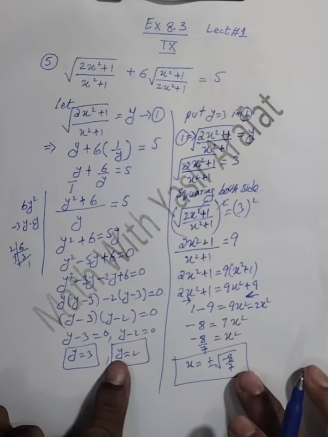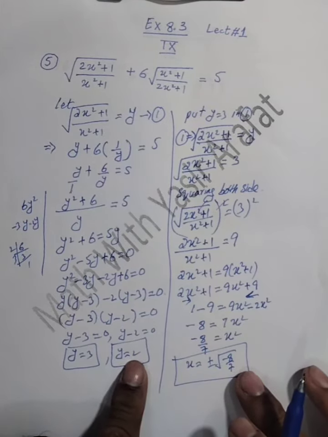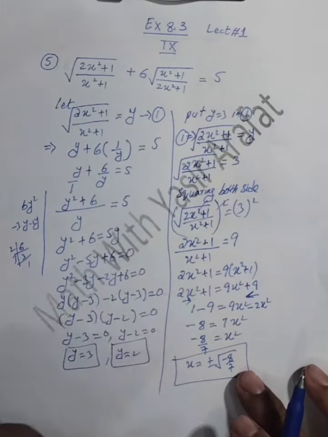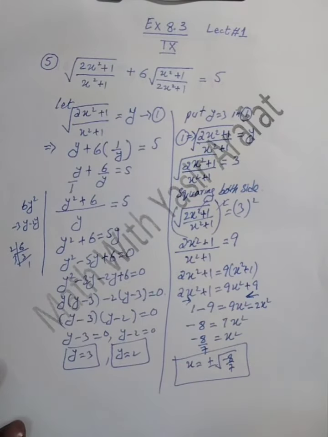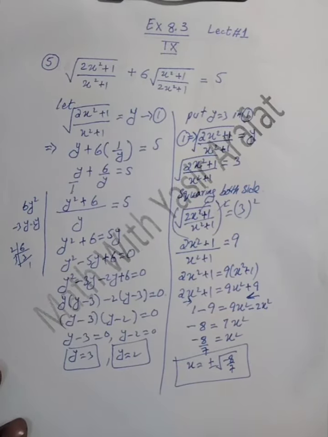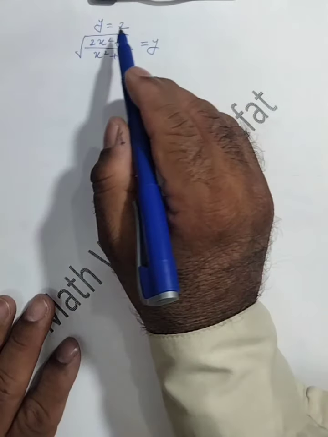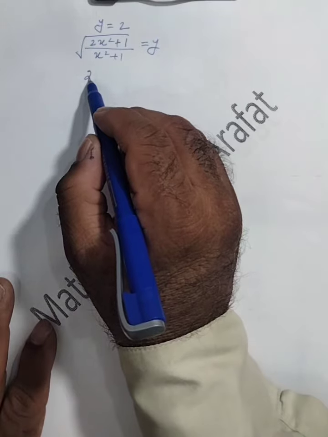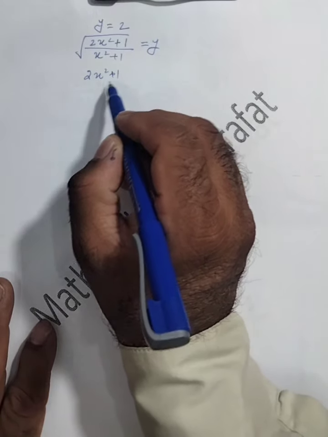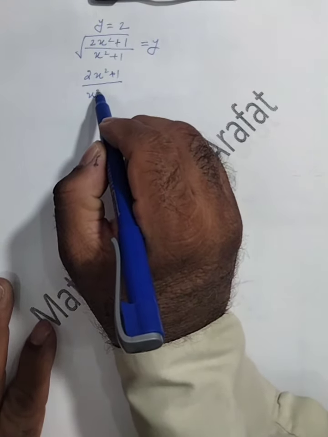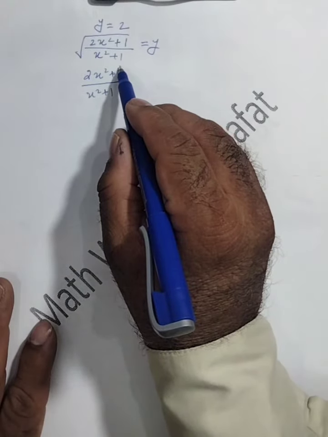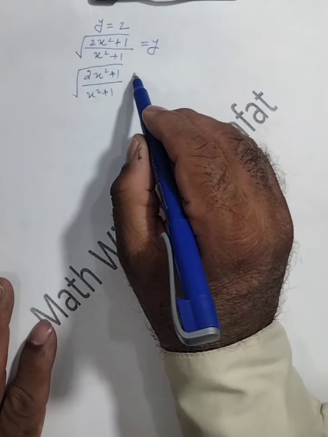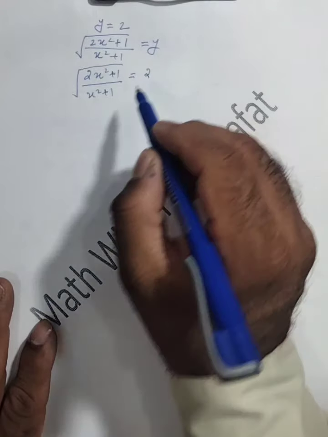Now we have to put the value of y is equal to 2 in equation number 1 again to find out the value of x. Okay students, so this is 2x square plus 1 over x square plus 1 in the radical, and this is 2.